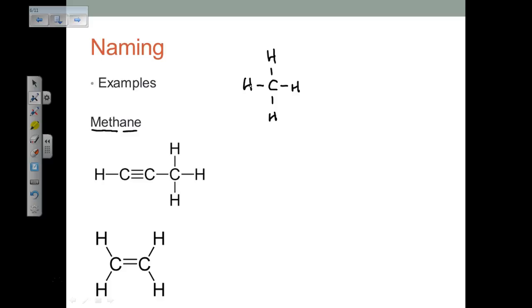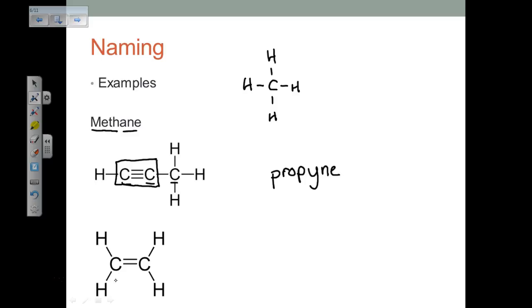Now, here's a structure of something. So here's a 1, 2, 3 carbon chain. So once we do that, we know that it's prop. Now we look and see what kind of hydrocarbon it is. Well, I see a triple bond. If it's a triple bond, it's an alkyne, and so we're going to end that with y-n-e: propyne.